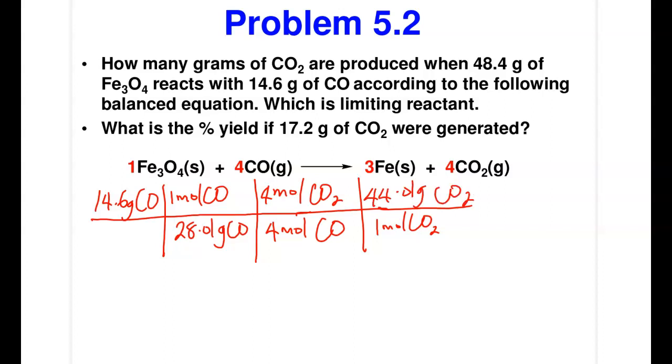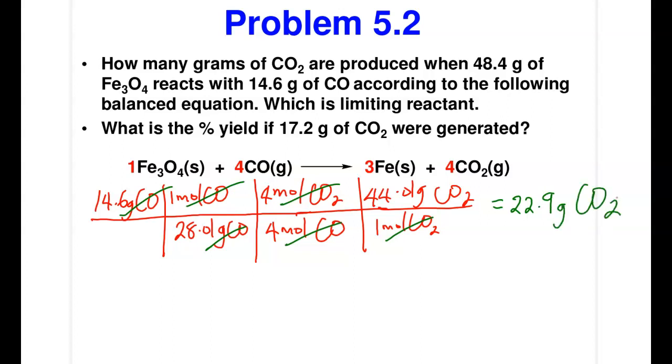If we cancel out the units and do our math well, it's going to give you 22.9 grams of CO2.